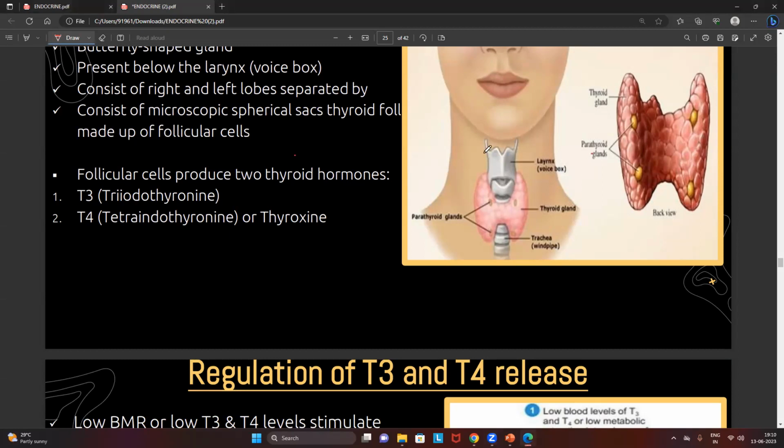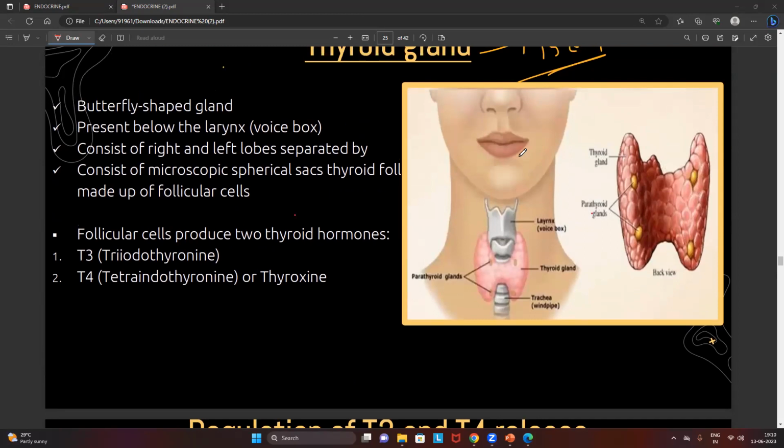Okay, please continue. So thyroid gland, all the students, please look into this beautiful picture. You can see, right? This is the voice box, which we generally call the larynx. Exactly below the voice box, you are all able to see this particular structure, which we call the thyroid gland.